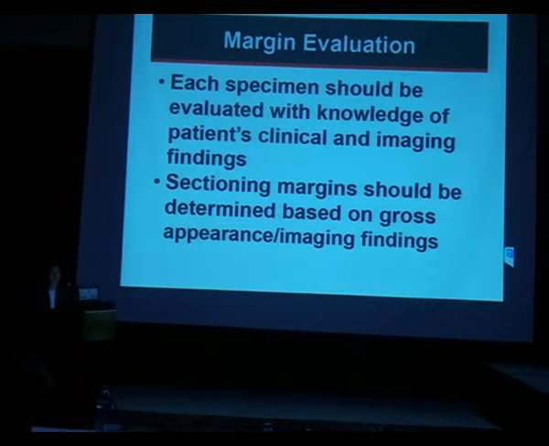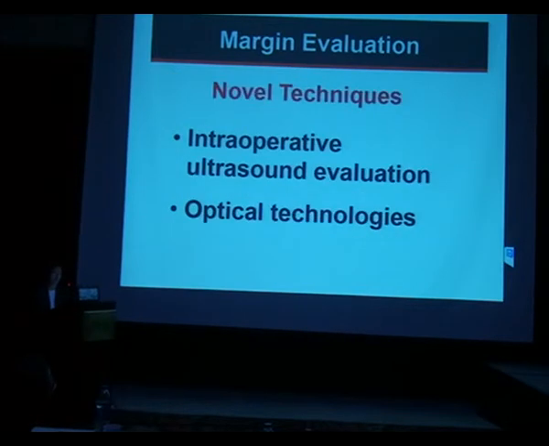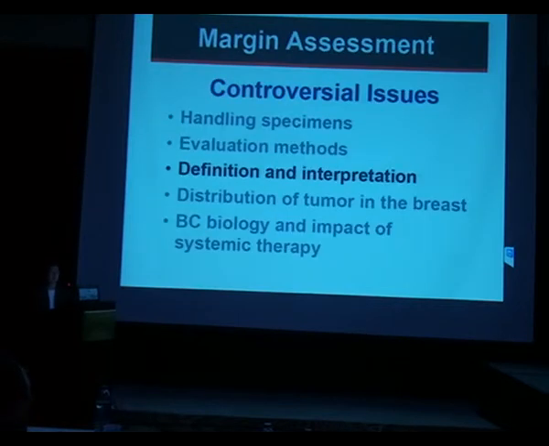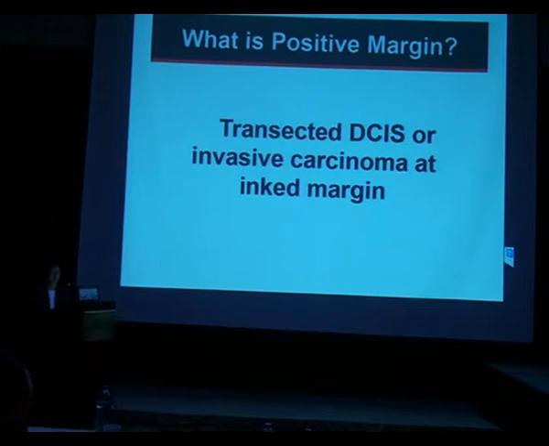This is a major take-home message from my talk. There are some novel techniques like intraoperative ultrasound evaluation and optical technologies. They are all nice, but nothing in clinical use right now. So our gross inspection is the most important method.